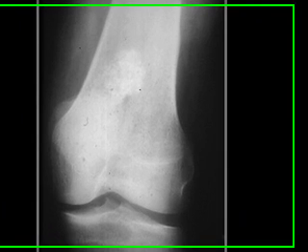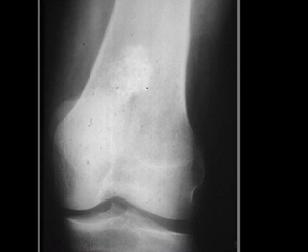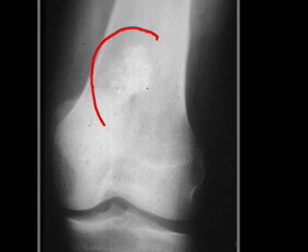Here's another example using bone. So this is a frontal view of the femur, and we could see that there is a dense calcification that is superimposed on the distal femur. This calcification could be cortical, it could be intramedullary, or conceivably it could project outside of the femur.